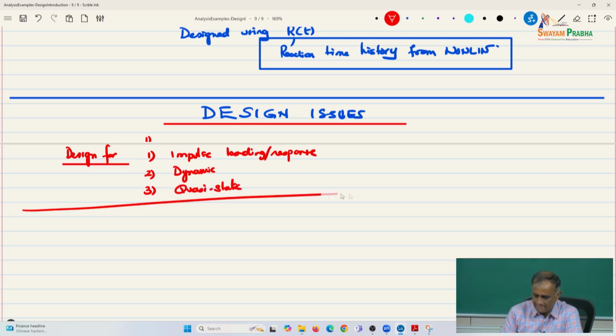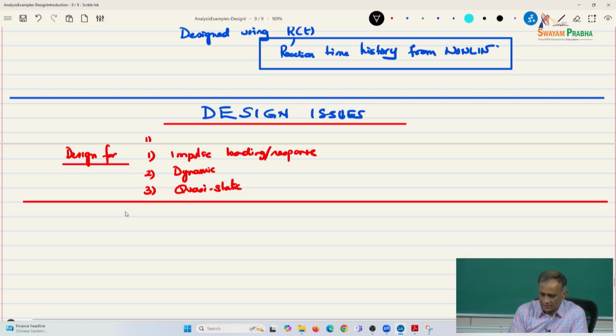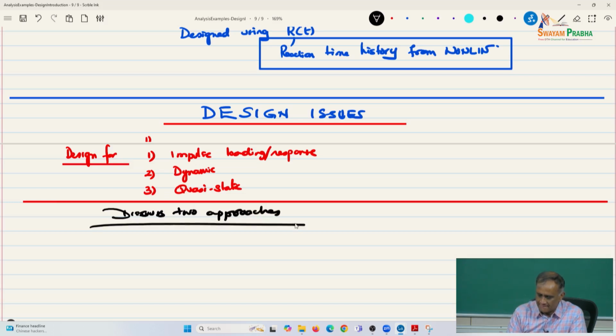Now there are 2 different approaches, and I will present a couple of different methodologies. So we will discuss 2 approaches. The first one is we will look for an impulse based design.